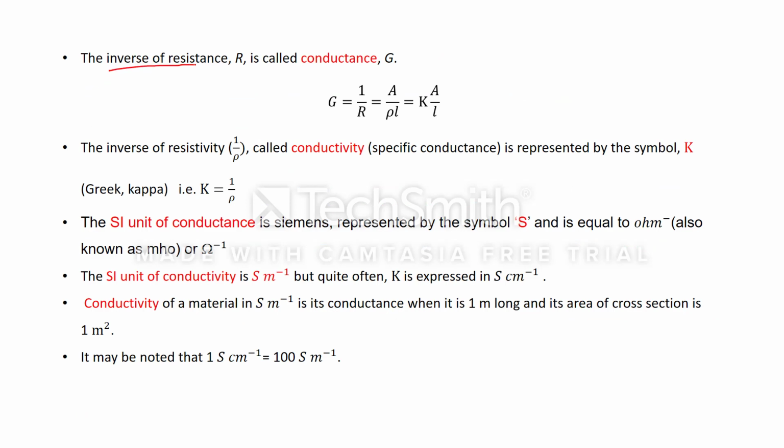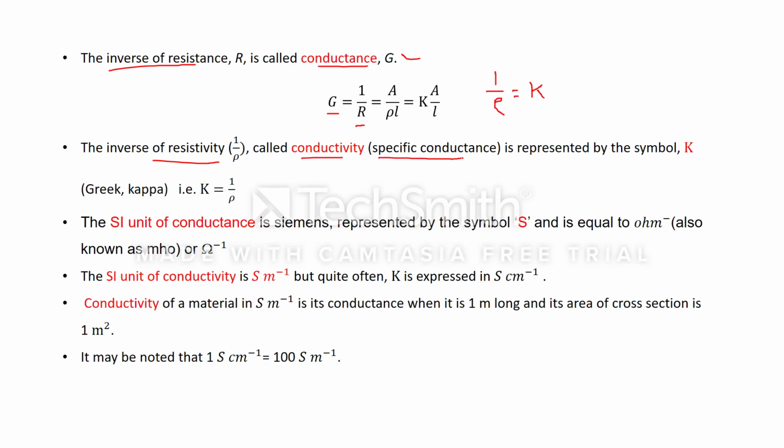Now, the inverse of resistance is called conductance and it is represented by G. So we can say G is equal to 1 by R. If we put in the value of R, we get G is equal to A by rho L. And 1 by rho, that is the inverse of resistivity, is represented by kappa, and this is called conductivity.